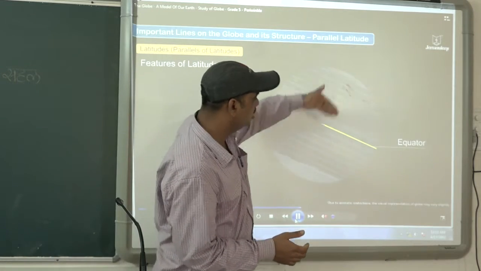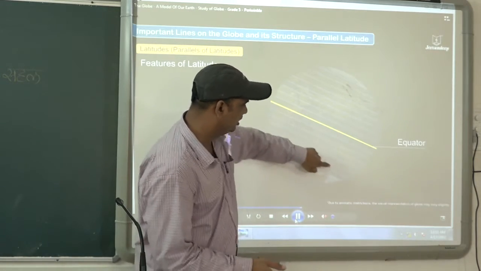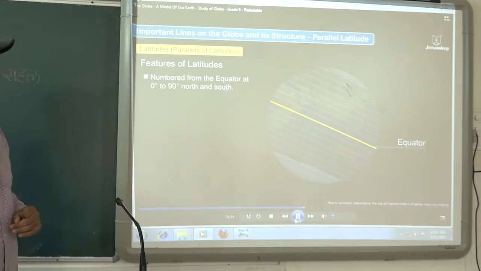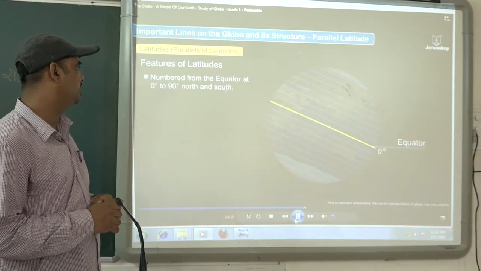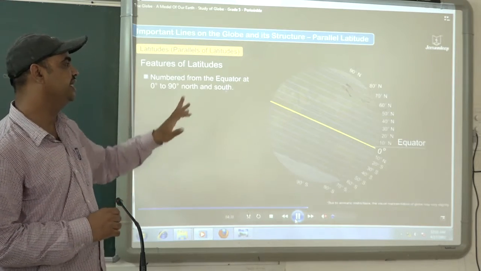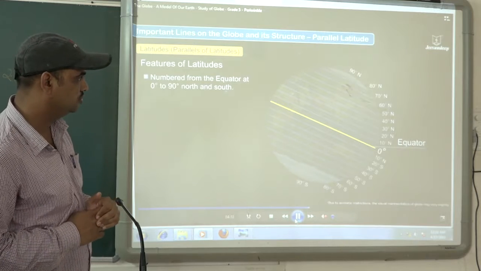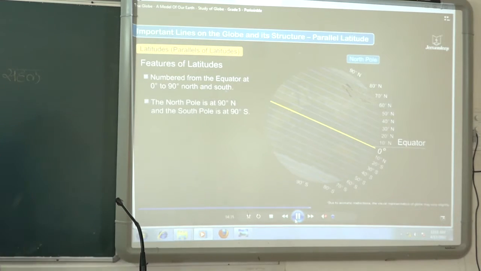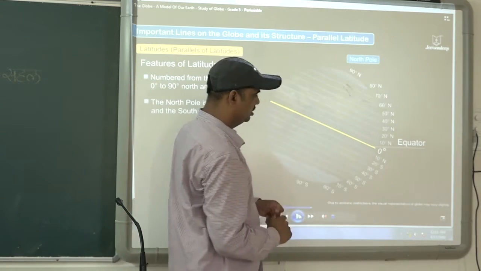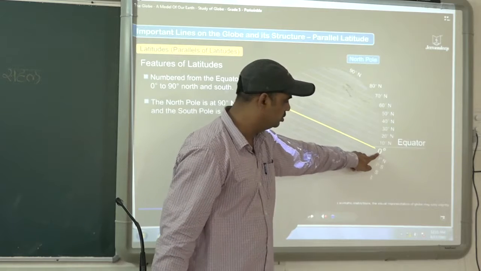These lines are parallel to the equator. Don't they look like the equator? They are numbered from the equator, 0 degree to 90 degree north and south. This is 0 degree latitude.